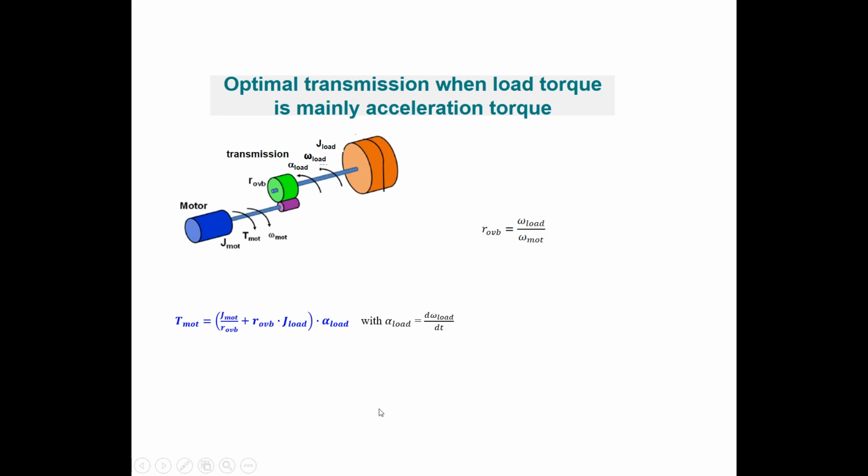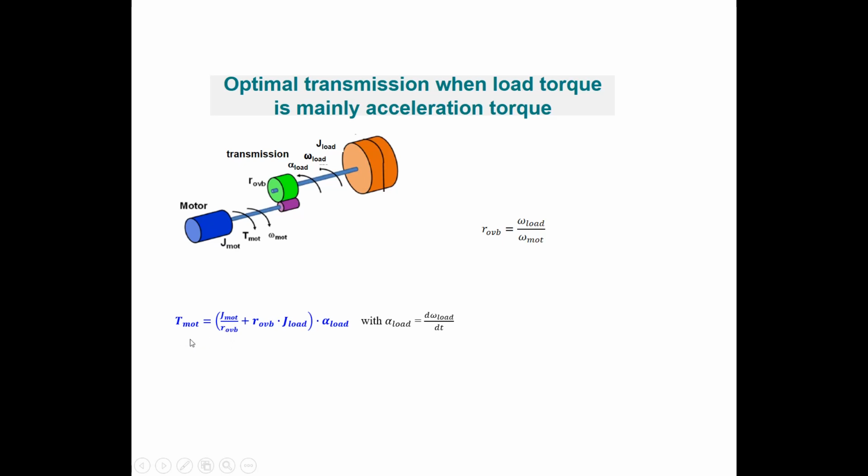So now let's have a look at how we can choose, in this dynamic situation, a value for R_OVB in a way that the motor torque is at its lowest. So we want the minimum motor torque, and we have to choose the R_OVB meeting that minimum.